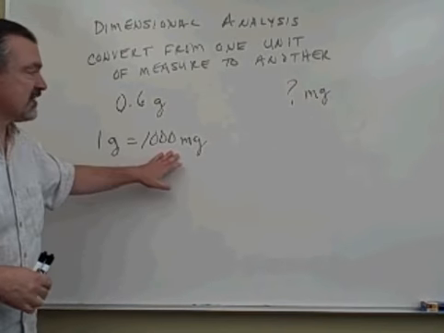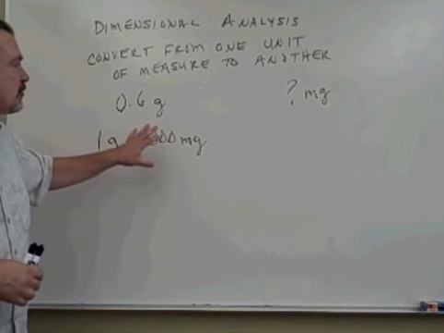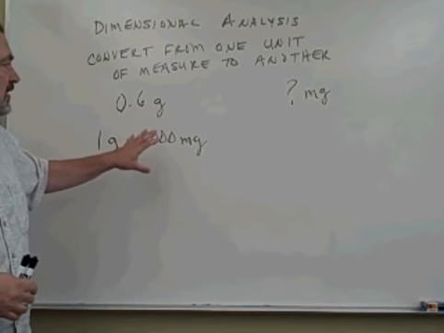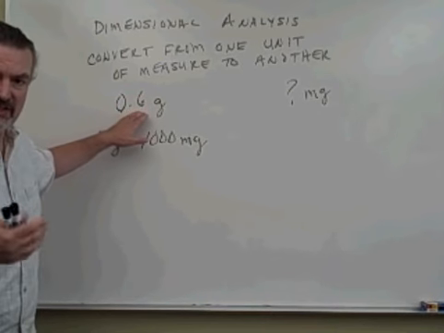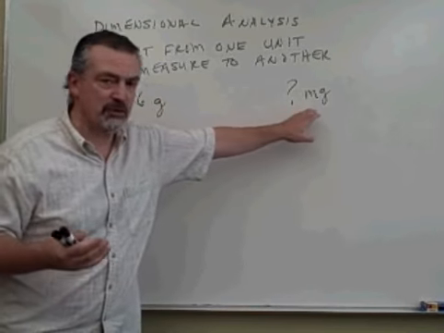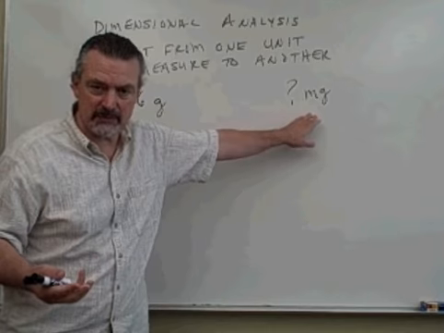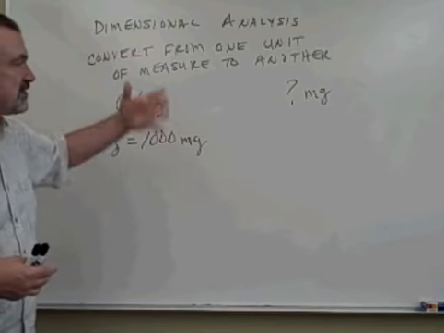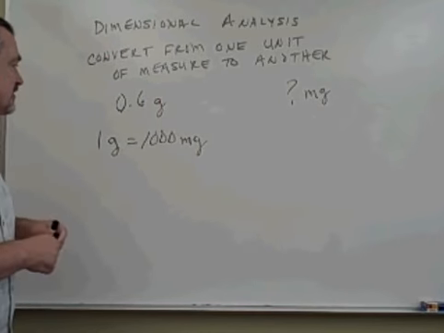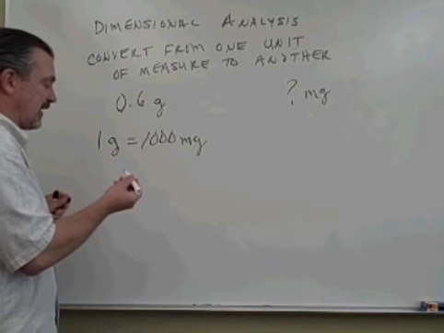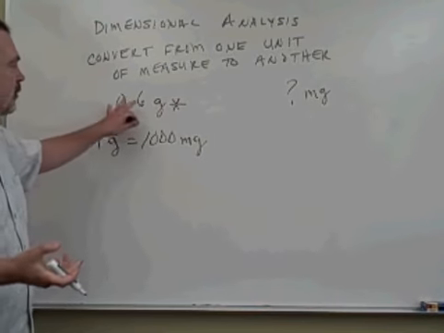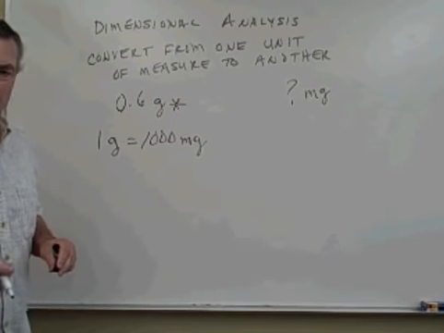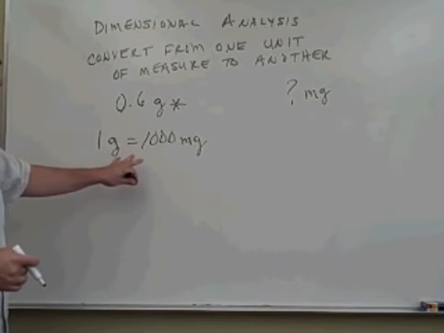So using this equivalence, we can create a conversion fraction that will enable us to convert what 0.6 gram is into the correct quantity of milligrams. And the way we use this dimensional analysis process and the way we use conversion fractions is through a series of multiplications where we multiply by these conversion fractions.